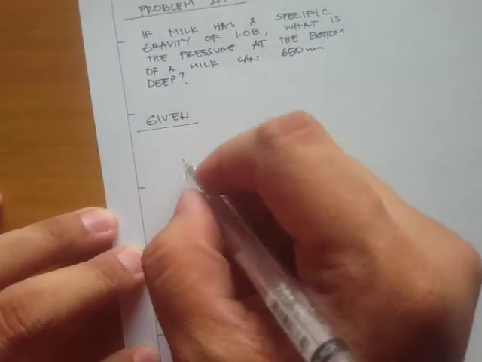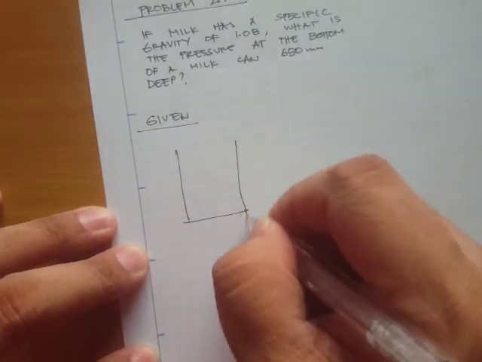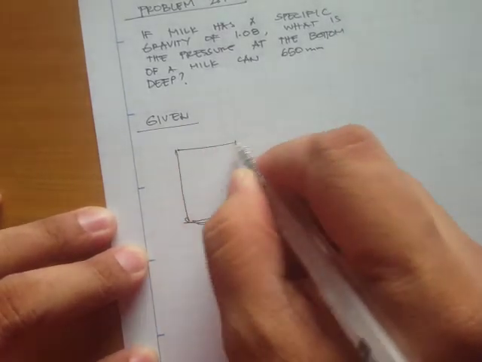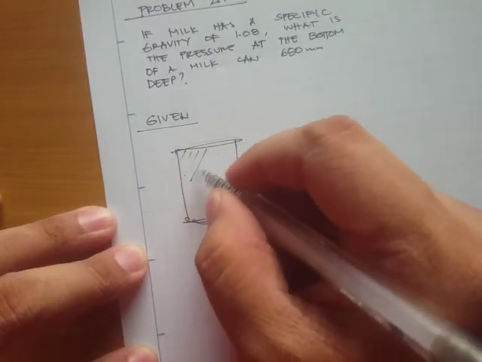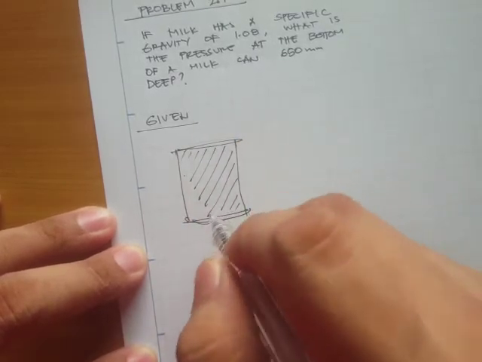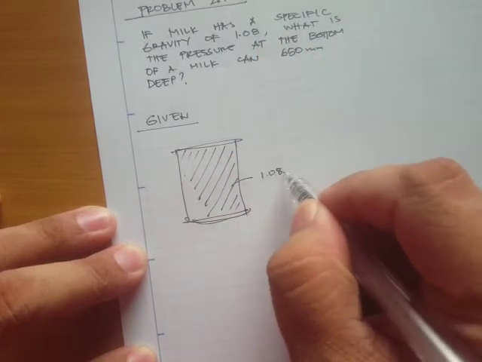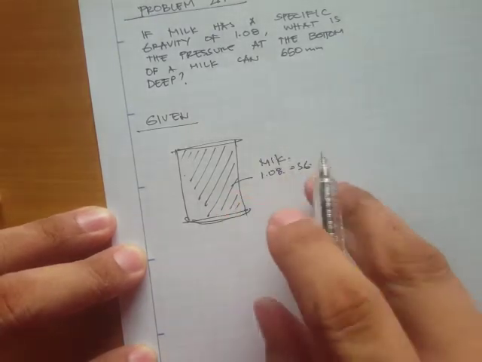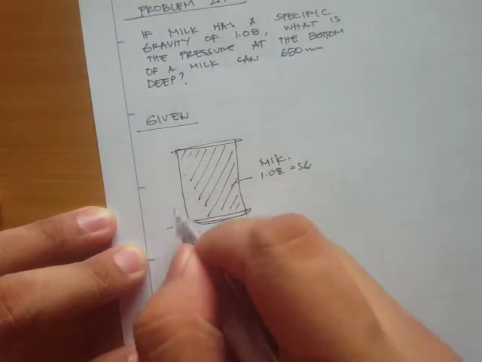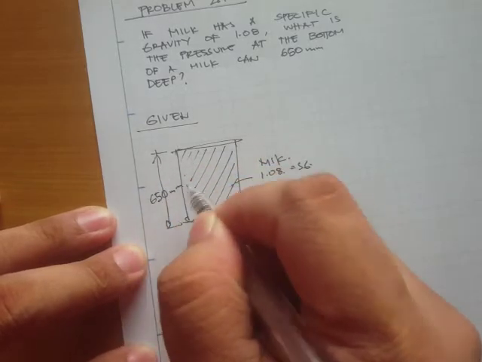Okay, so we have this can, and let's say it's filled with milk, and it says that the specific gravity is 1.08, Sg, and it's milk. Then the depth is 650 mm.